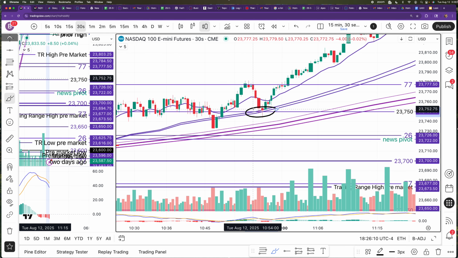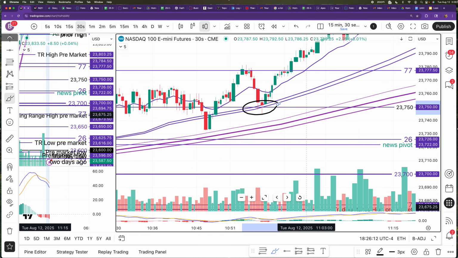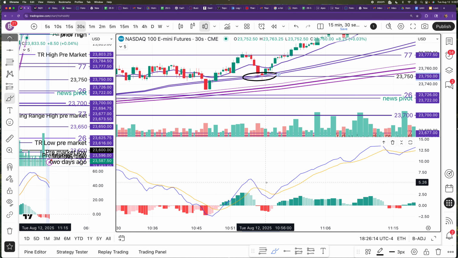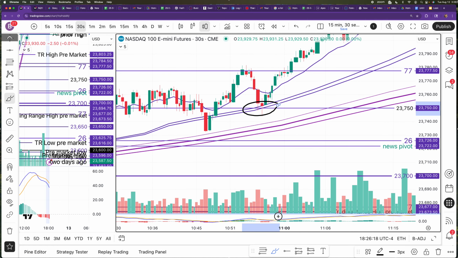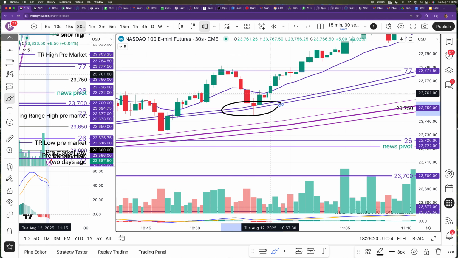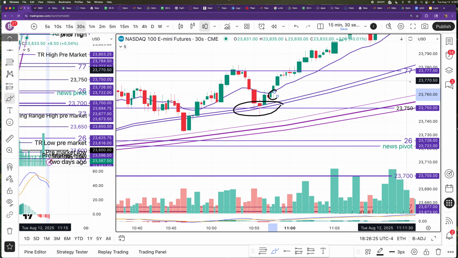When all 3 of those things come together, you've got a setup. Then all you need to do, check down for MACD, make sure it's turning back up again, and then find your hammer. In this case, the hammer occurred right here, okay? Get in, and boom, you're off to the races.